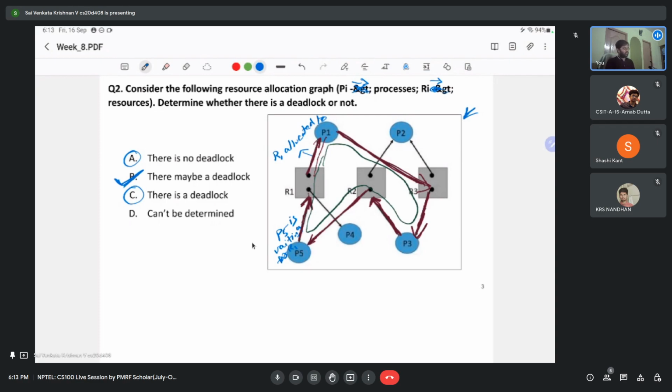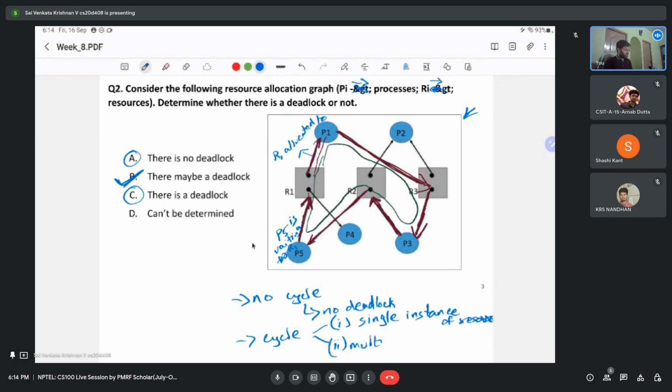If you have gone through the lectures, when the professor discusses resource allocation graphs, he would have mentioned two conditions. If there is no cycle, then there is no deadlock. If there is a cycle, then you branch out: either all resources are single instance, or there are multiple instances of each resource.